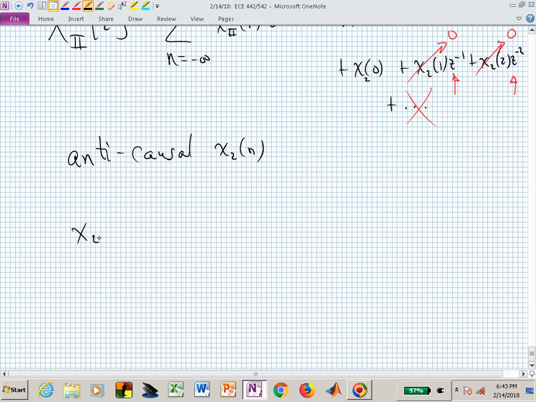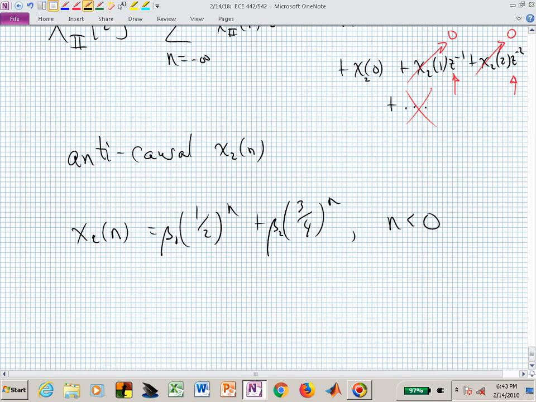And we know the structure of x sub 2 of n. Is x sub 2 of n bounded or unbounded? This is now true for n less than 0. Now we're raising a number that's less than 1 to a negative power. What's that going to do? It's going to go unbounded, isn't it?